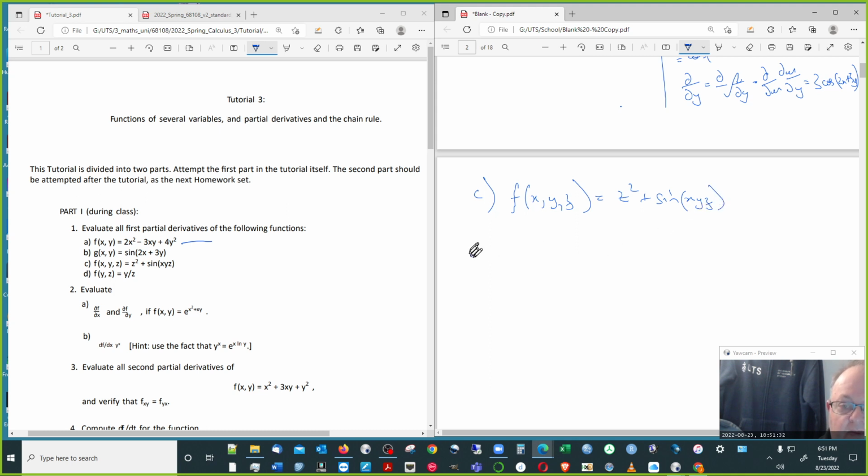So we'll do the partial with respect to x, the partial with respect to y, and the partial with respect to z. Now if the pronumerals change, if they're r, s, t or anything like that, you just basically do the same thing.